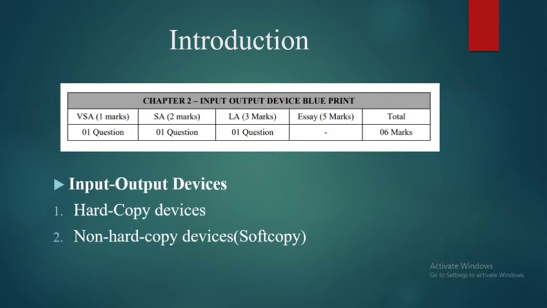For hard copy devices, the output must be visible to the user. First, it accepts data and instructions as input, then it has to perform some transaction or process. After that process or operation, it has to produce some output which is helpful to the user.